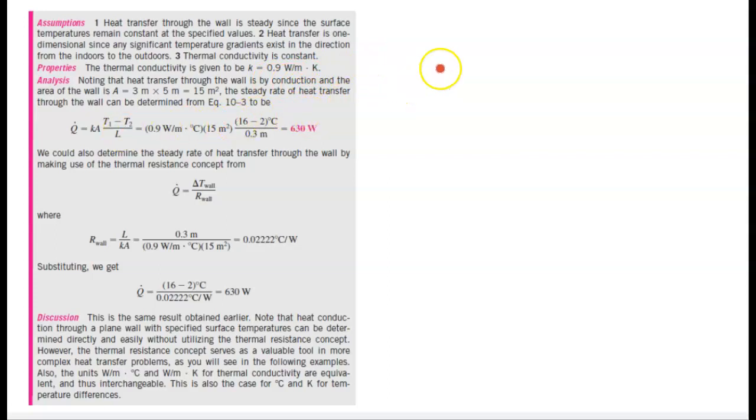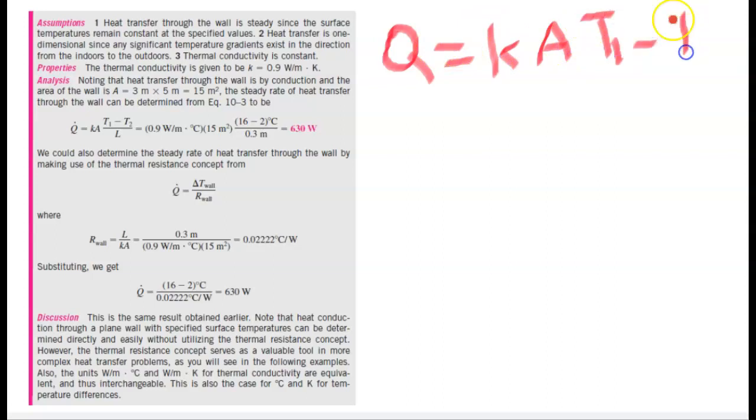First thing, we find the area. We use the formula. Let me just write it down here. We got the formula Q equals K A times T1 minus T2 over L. Okay, T1 is going to be the high temperature. The value of the K is 0.9. So you put 0.9.